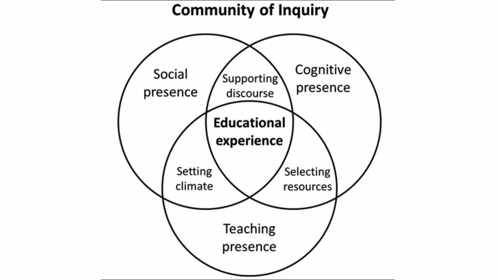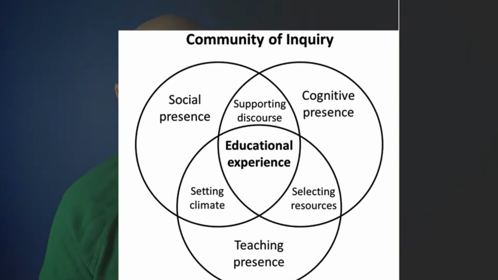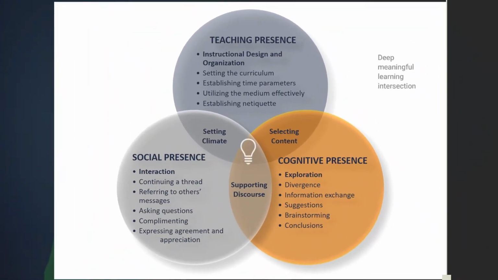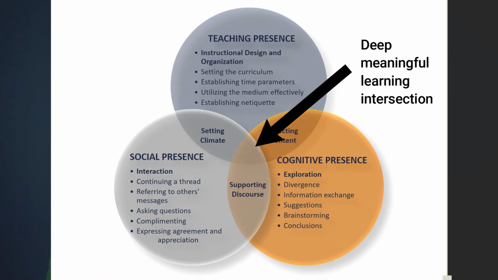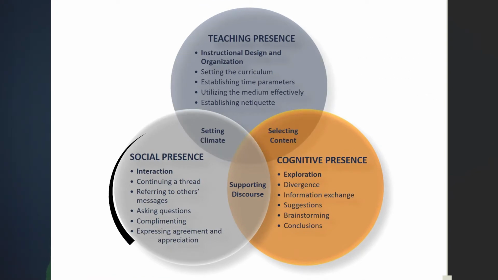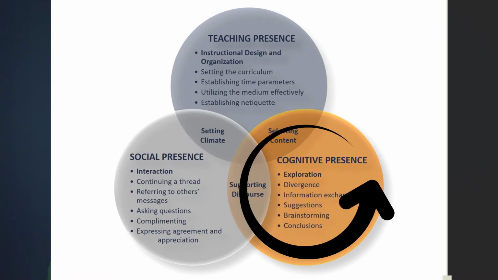And I want to go to a more colorful picture of the same framework, which is right here. And so once again, here is teaching presence, here is social presence, and cognitive presence in orange.